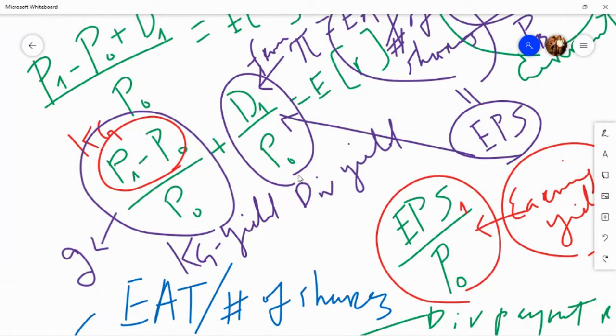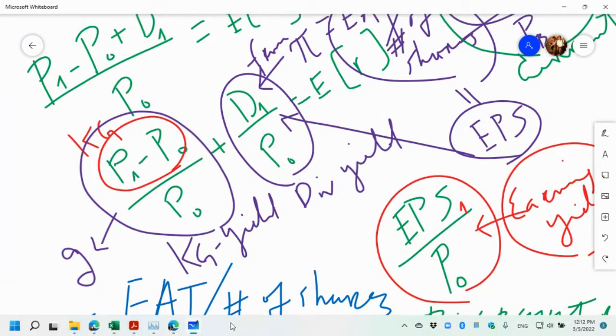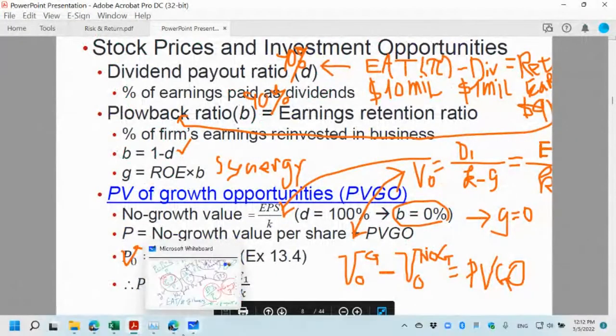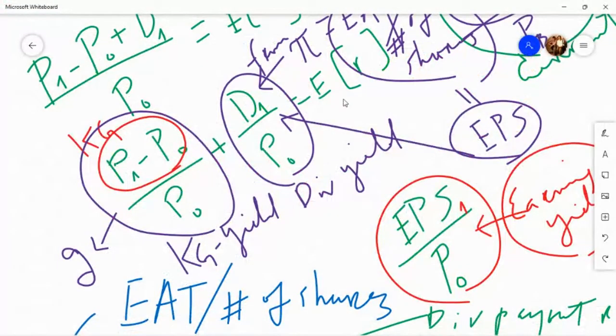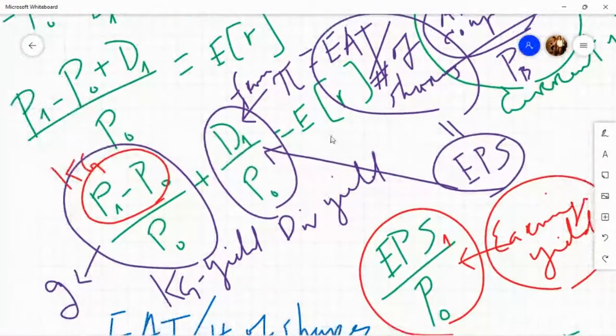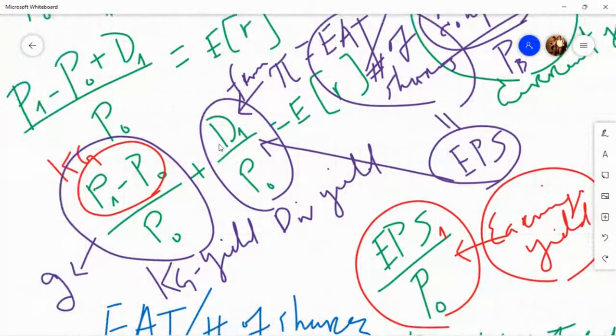Dividend return, I'm sorry. The expected return, right, is growth rate plus dividend over P0, right?